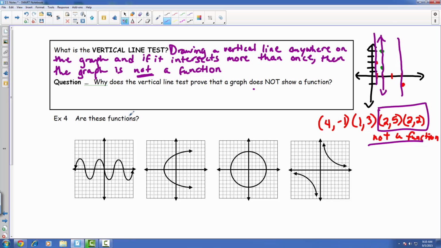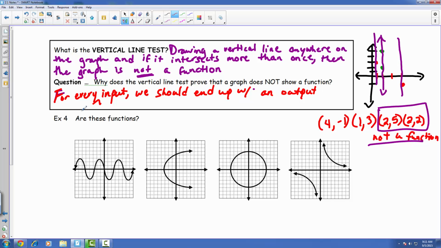Now, why again does this work? Well, if you go back to the definition for what a function is, it's simply for every input we should end up with an output for each.